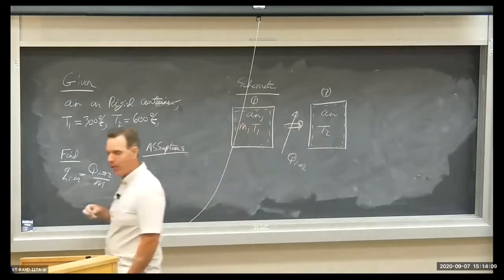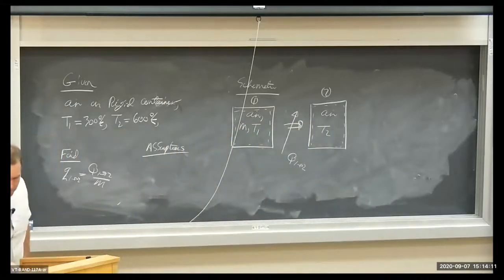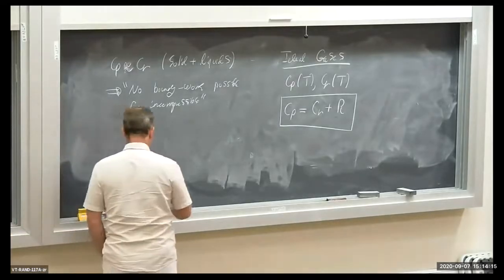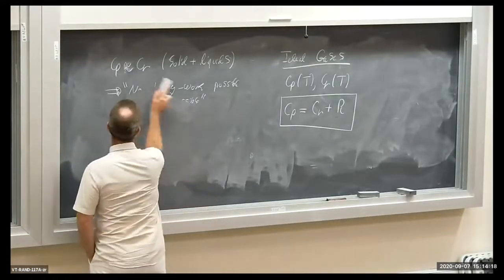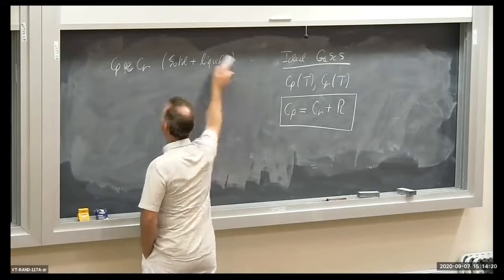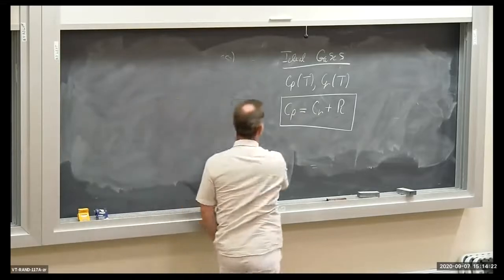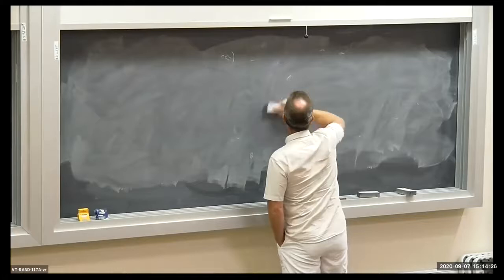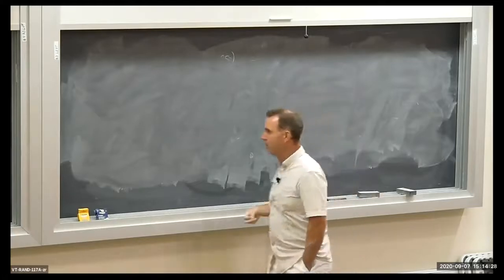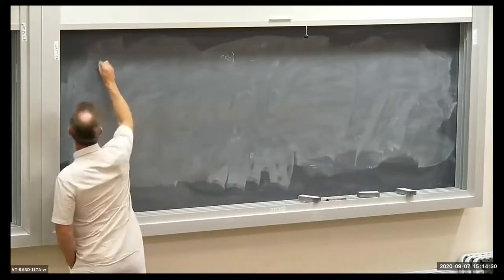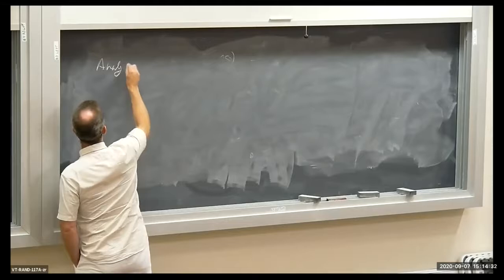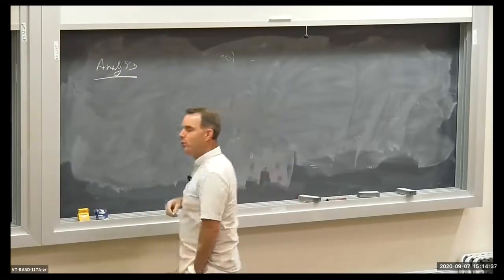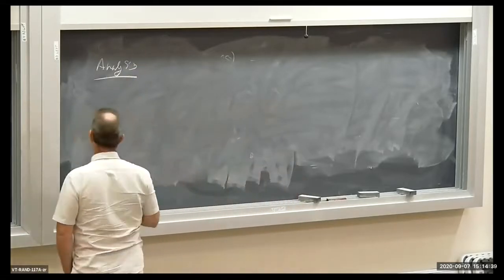All right, so how are we going to proceed here? Well, we're talking about specific heats, so we better use specific heats. We are, after all, on Chapter 3, which is specific heats and energy interactions analysis. Let's write down the definition of specific heat.